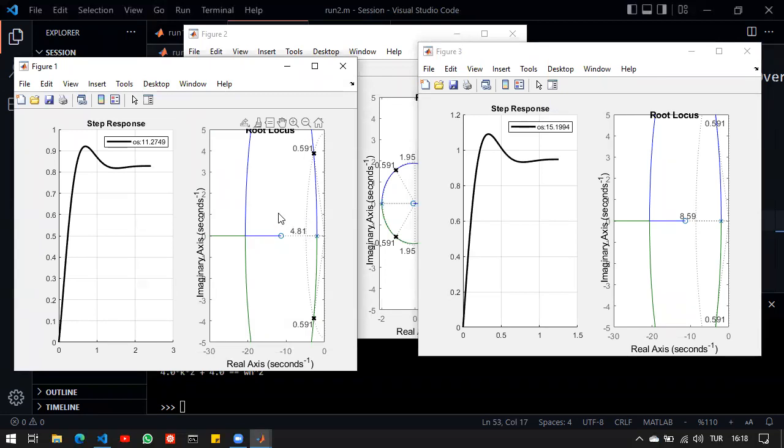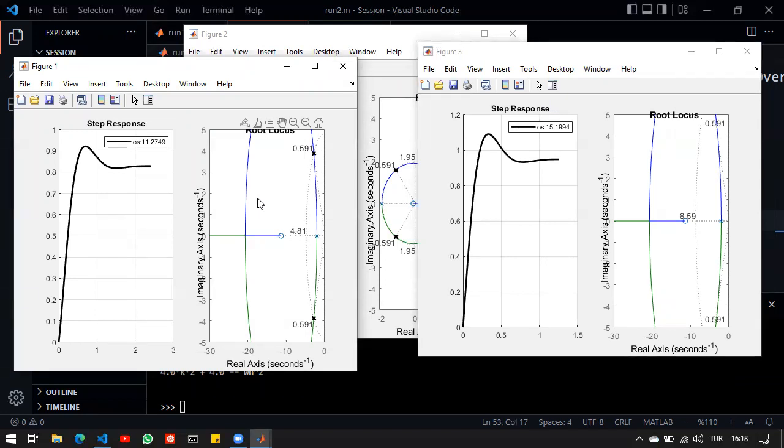Of course, I did let MATLAB decide what the omega n value should be, but we can choose our own omega n value, which means that using a P-type controller, we can only meet the requirement of overshoot, and we can only decide on overshoot. But with a PD type controller, we have more control, more degrees of freedom, therefore we can decide on more things here.